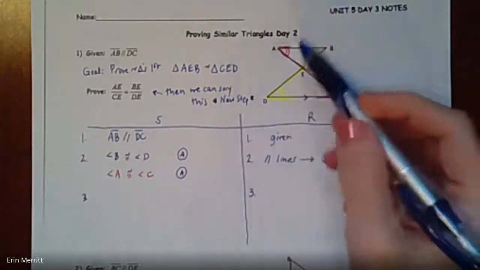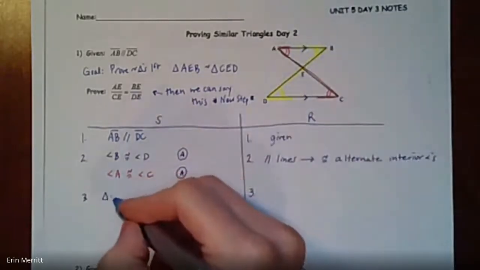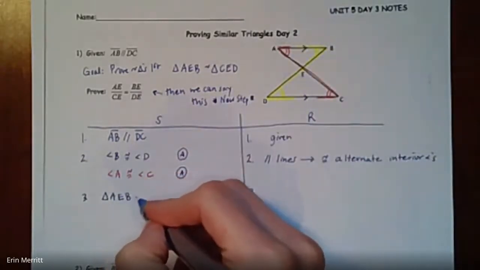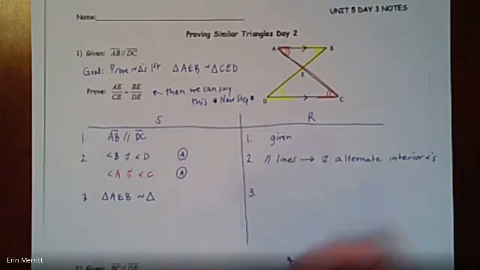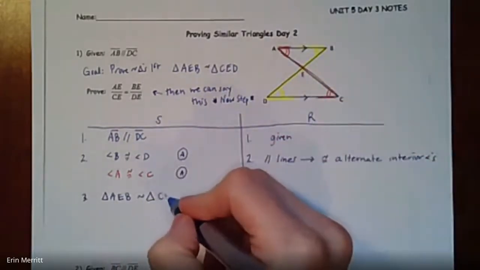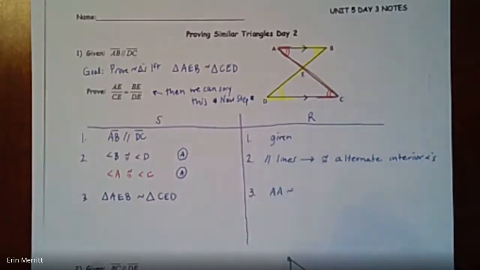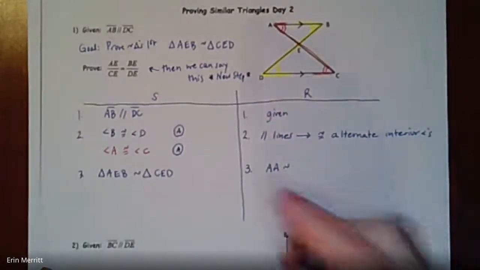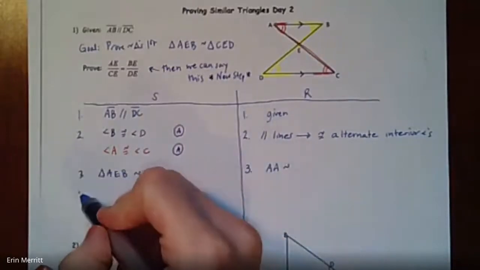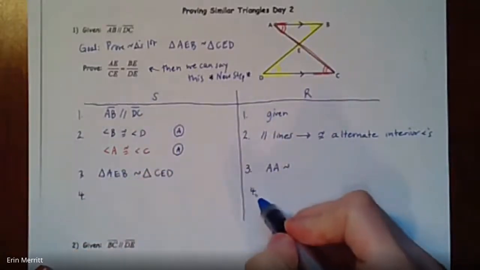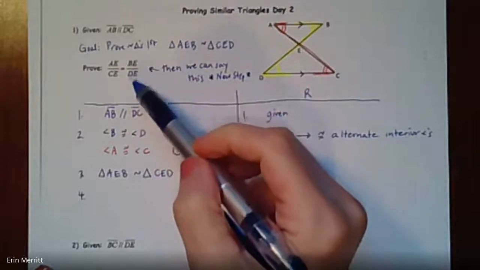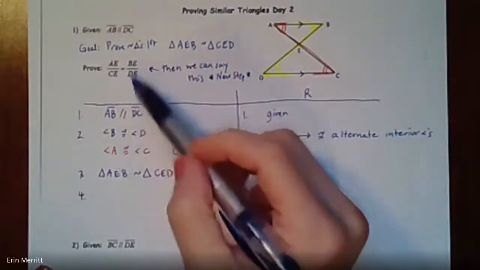We can prove that triangle AEB is similar to triangle CED by angle similarity. And then the last part of it, once the triangles are similar, what we are allowed to say is that these sides are now proportional or have created a proportion.